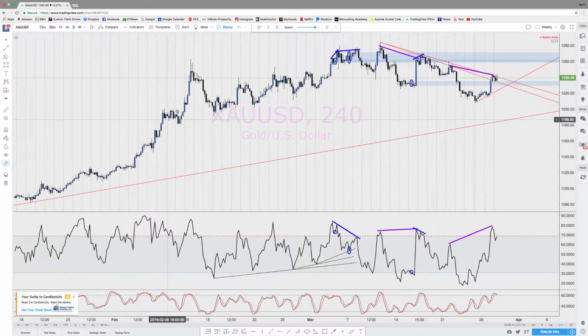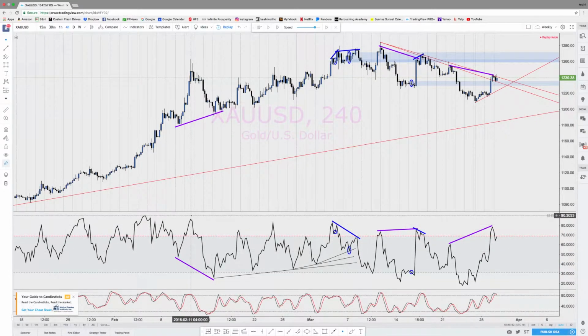Let's see. So we have an uptrend. I want to look for bullish hidden divergence. And I see one right here. I see a bullish hidden divergence right here. Okay, but I can already see that it doesn't create a zone where I'm looking.